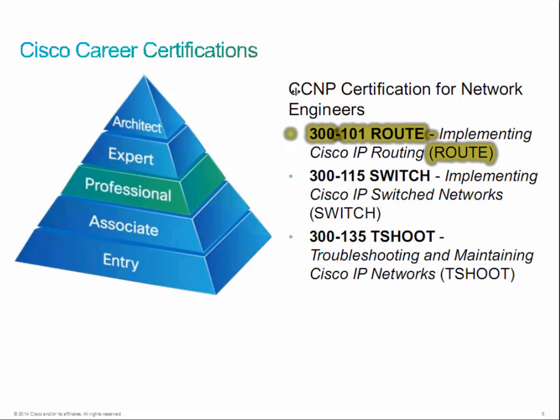But if you start the process of getting certified, so let's say you took switch 2 years ago and you now decided to take route, and then you decide to take TSHOOT later to achieve your CCNP certification, it doesn't extend the ability to achieve that certification for another 3 years. In other words, once you start any certification, you have to complete that certification within a 3-year window.